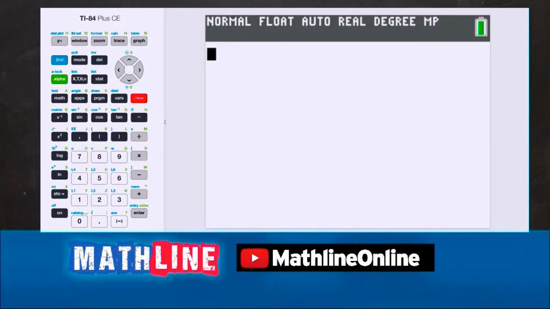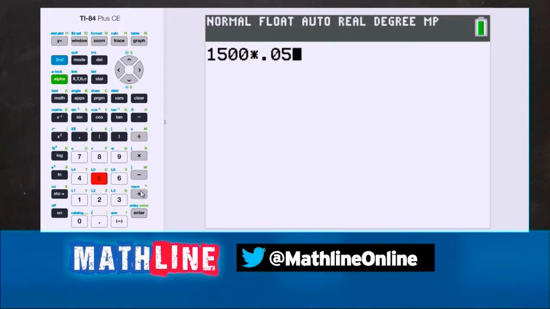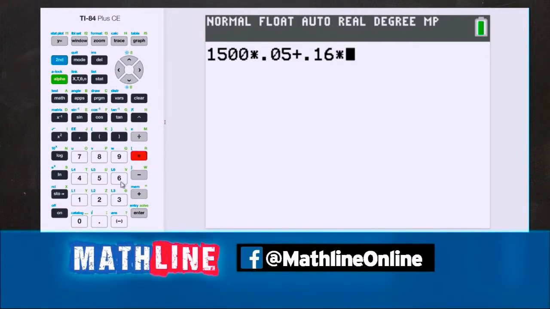We are taking 1,500 and we're going to multiply that times 5/100. Again, notice I had a th on the end of that. And we're going to add, you got it, 16/100 times 3,000.